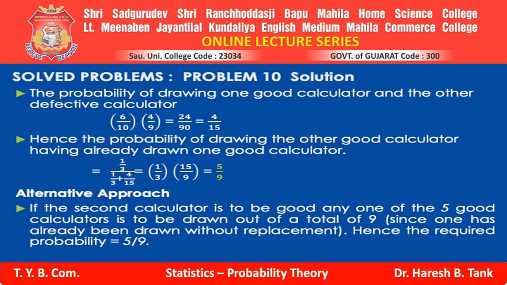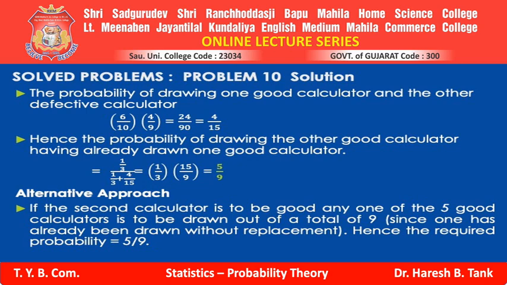Hence, the probability of drawing the other good calculator, having already drawn one good calculator, becomes 1 upon 3 divided by 1 upon 3 plus 4 upon 15. Simplifying it, it comes to 5 by 9. This is one of the approaches we can address. We do have another approach even.